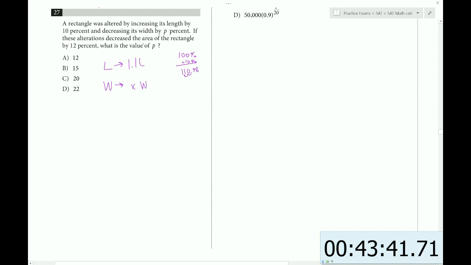If these alterations decrease the area of the rectangle by 12%, we start with 100%, subtract 12%, and that gives us 88%. Then we move the decimal place, and we get 0.88 as our multiplier for a 12% decrease. So we apply that to the area, and we now need to solve for x.